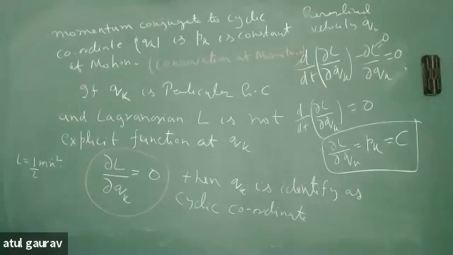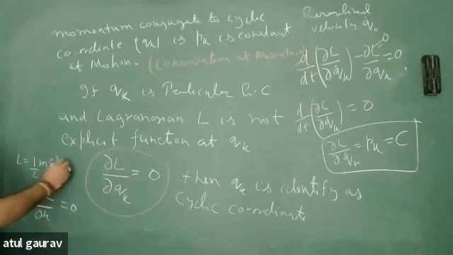Then del L upon del x is equal to 0. Have you seen x there? No. Then x is not an explicit function in the Lagrangian, and x is a cyclic coordinate.